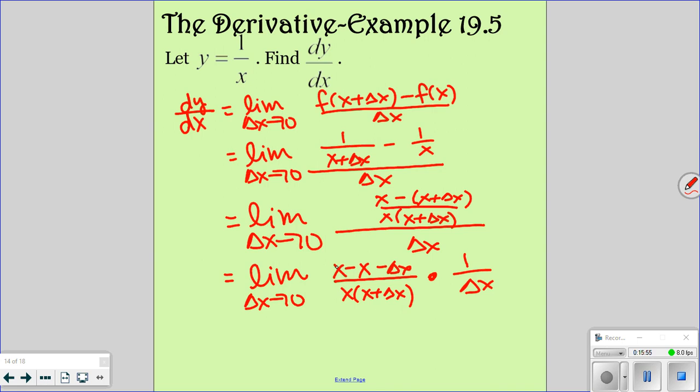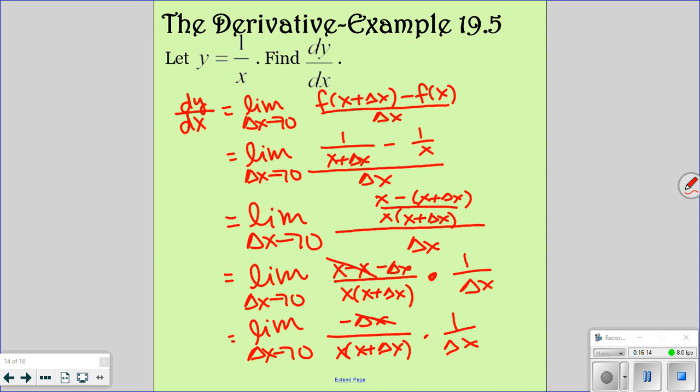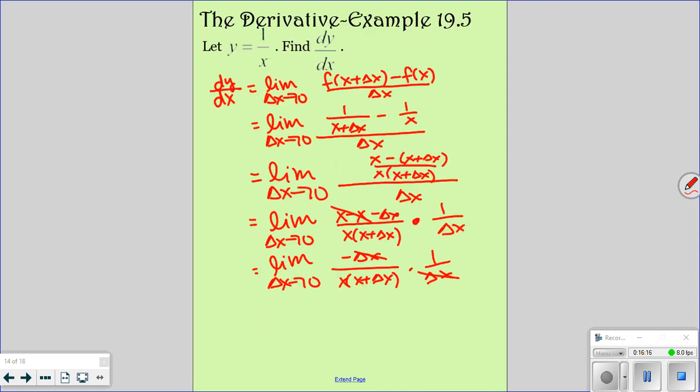And this x minus x will cancel out. So I end up with the limit as delta x approaches 0, negative delta x over x times x plus delta x times 1 over delta x. And this delta x cancels with that delta x.